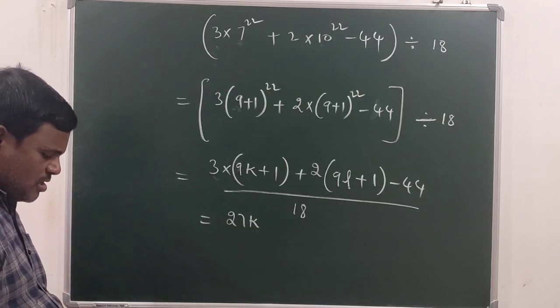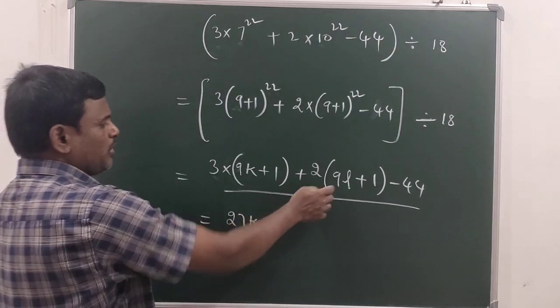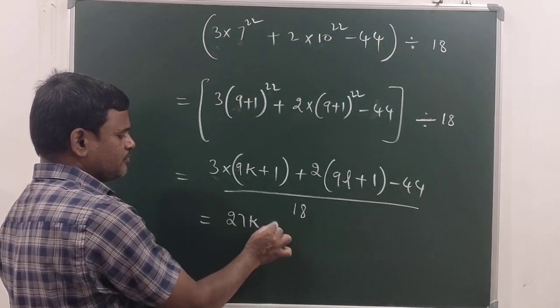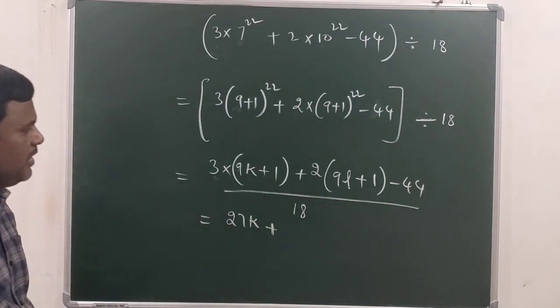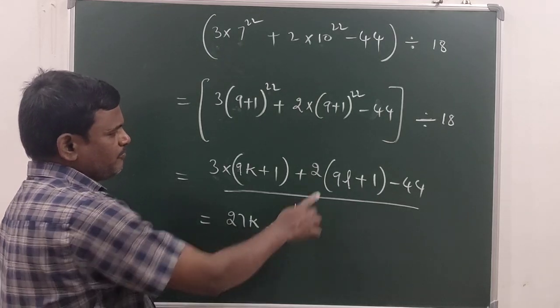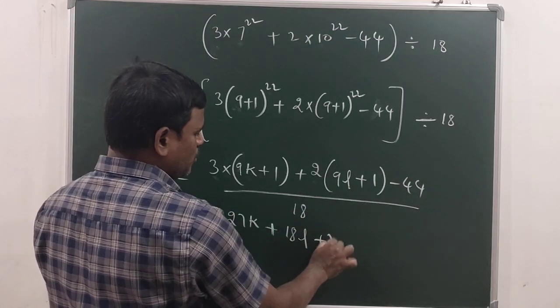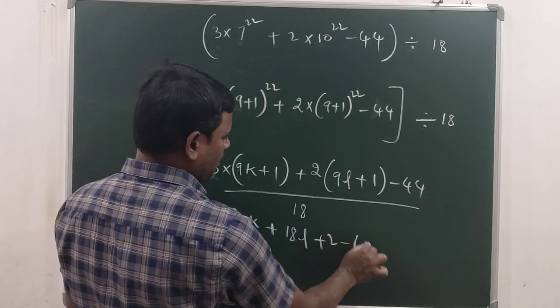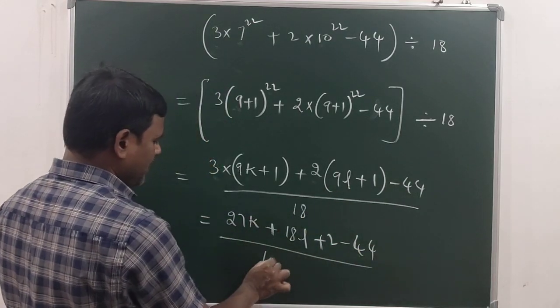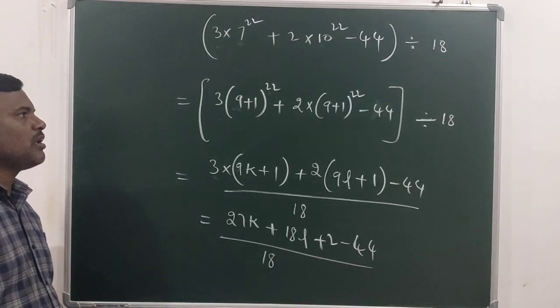Right, next. 2 nines are 18, 18L plus 2 ones are 2, minus 44, divided by 18.